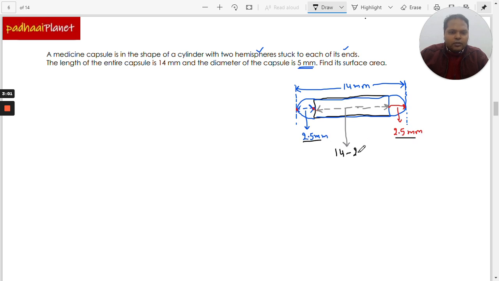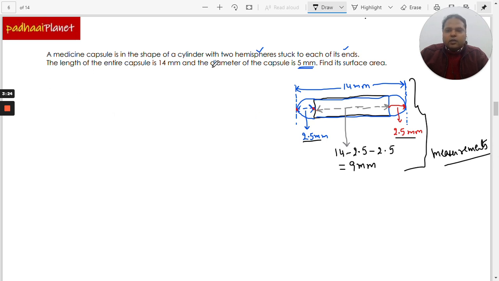So 14 minus 2.5 minus 2.5, and that's equal to 9 millimeter. Now we have got all the important measurements here, right, which will be helpful to calculate whatever has been asked in this particular question.